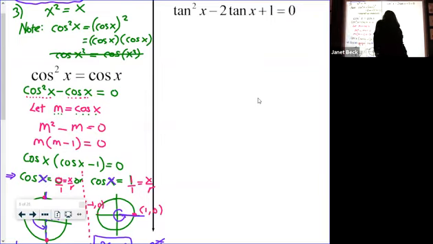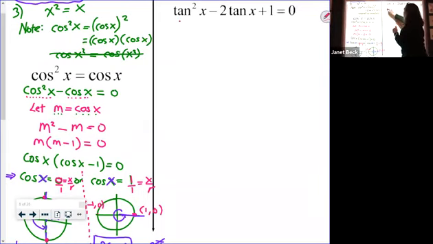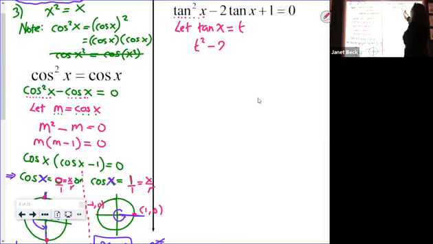If you want to, we could say let tangent of x equal, and choose a letter. Why not use t for tangent? This is tangent squared, so it's like t squared, minus 2 times tangent, that's t, plus 1 equals 0. Now it makes the factoring seem much easier.